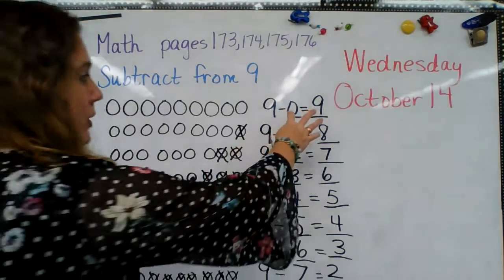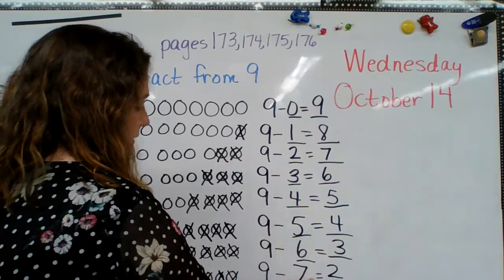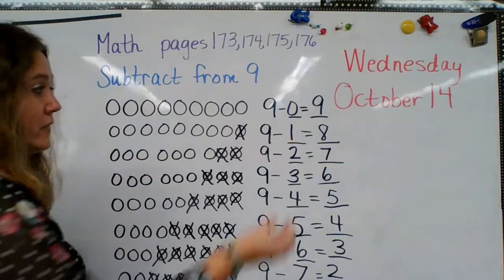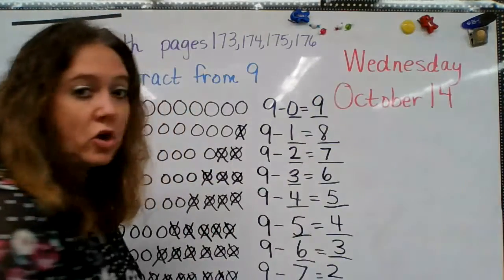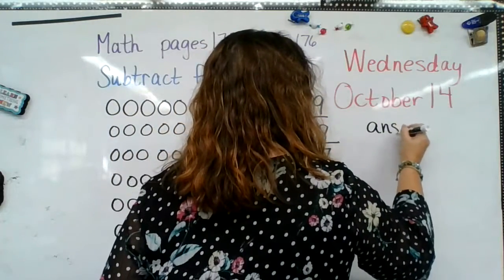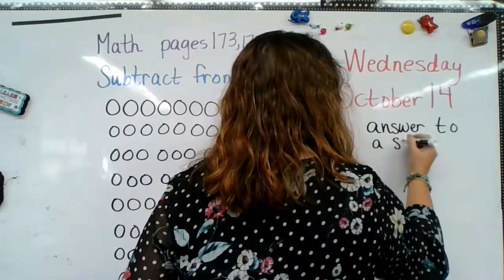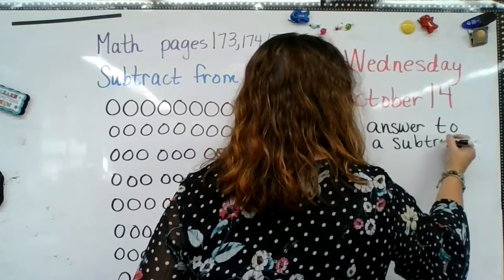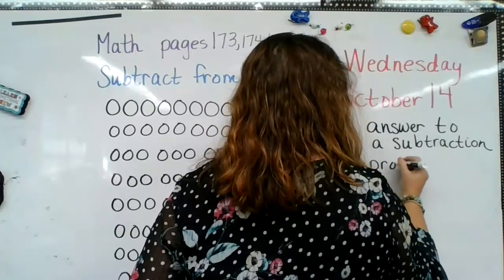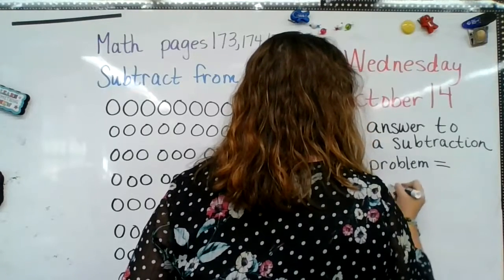Okay, we subtracted 0, then 1, 2, 3, 4, 5, 6, 7, 8, 9. That number went up. The answer, which is called the difference, I'm going to write this here. The answer to a subtraction, we've talked about this problem, is the difference.